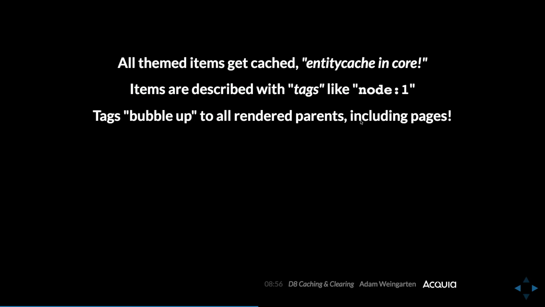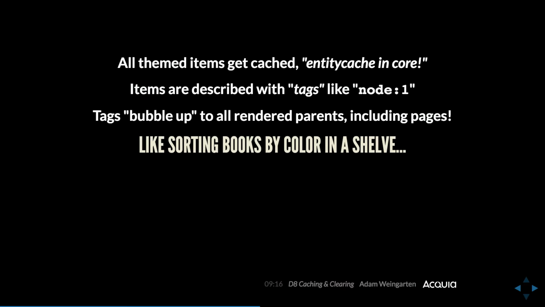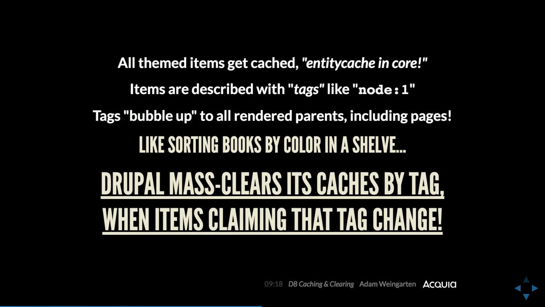Those then get bubbled up to the page. Page now has the tags of all of those merged together, and vice versa. So as you add more and more elements onto the page, the cache tags on the page get longer and longer and longer, which is awesome. So all of a sudden now, we have something that's connecting the dots between everything that is being done on the page. It's kind of like sorting books by color.